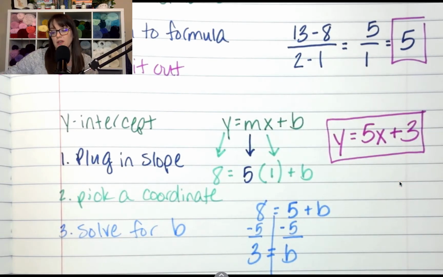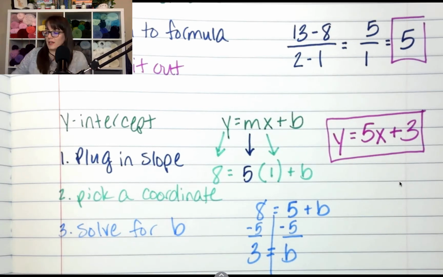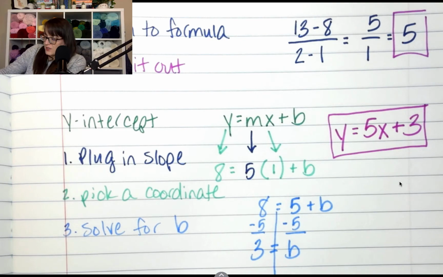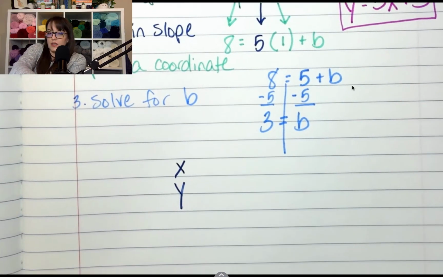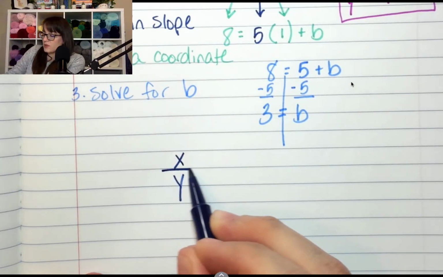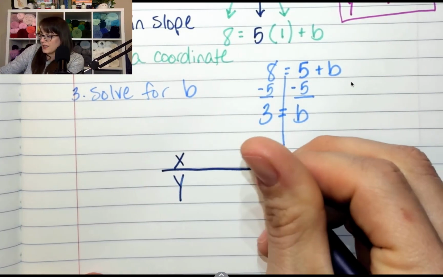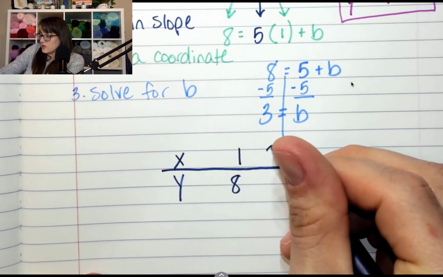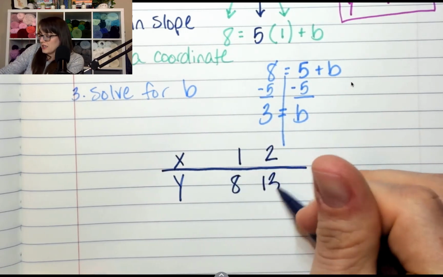Another way you can figure out the y-intercept is if you use a table where you have your x and your y's. I'm going to scooch this down. If we have x and y's, and my two coordinates that I know are x is 1, y is 8, x is 2, y is 13.